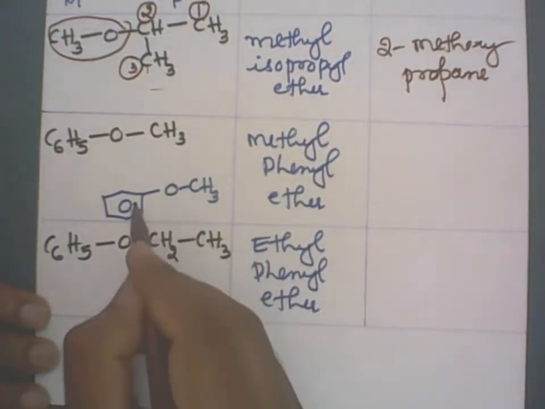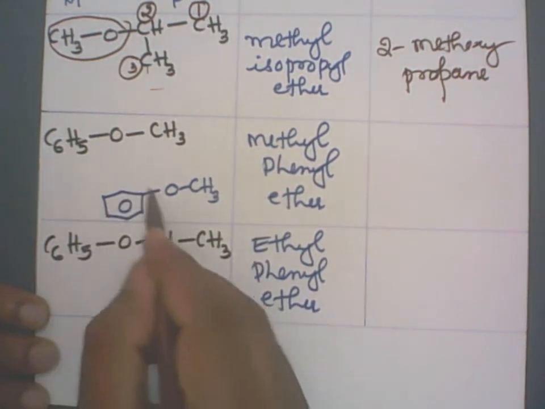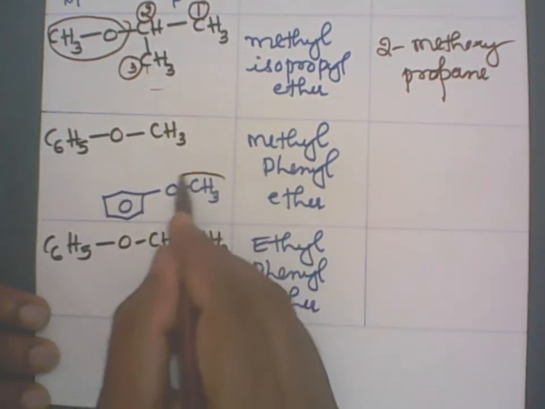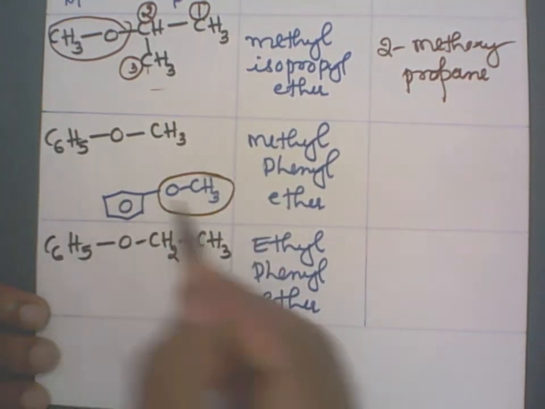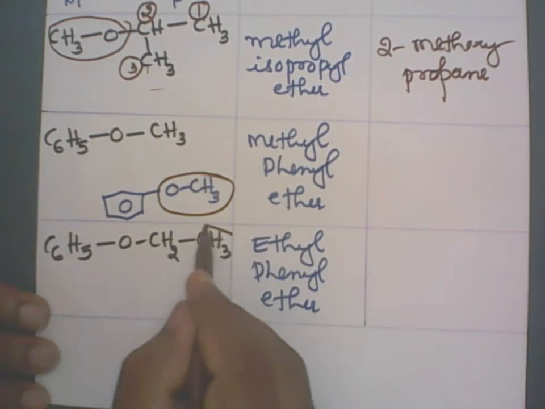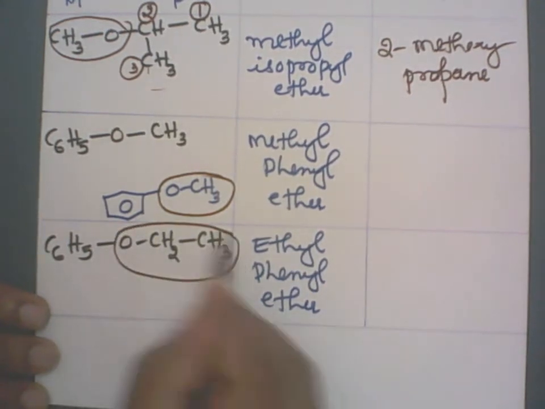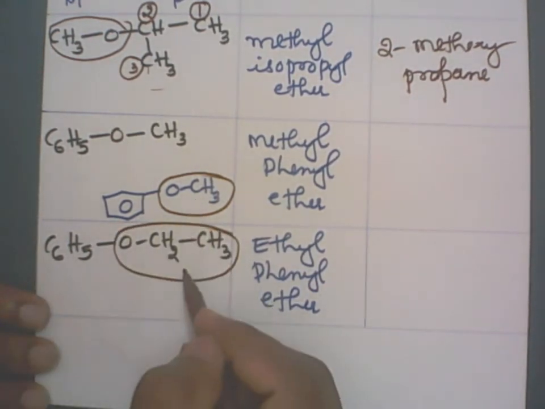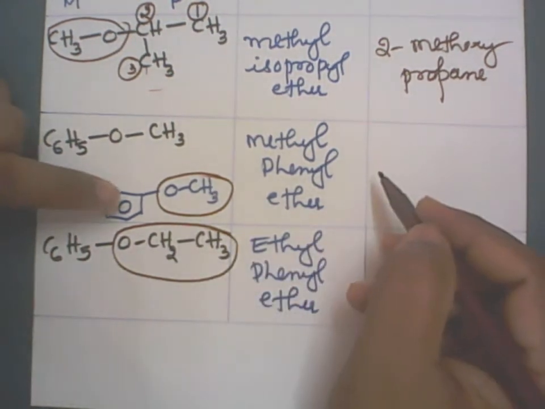Now there are 6 carbon atoms, more number of carbon atoms. Methyl contains less number of carbon atoms, methoxy. Here also 6 carbon atoms, there are 2 carbon atoms, lesser number of carbon atoms along with the oxygen. So this is methoxy, this is ethoxy. Now this should be called as the methoxy now.